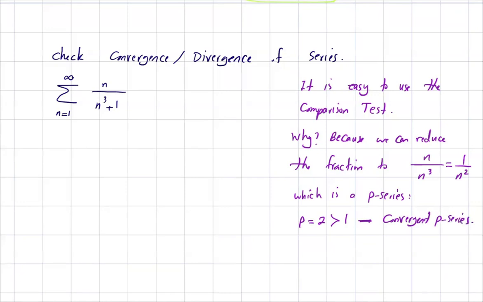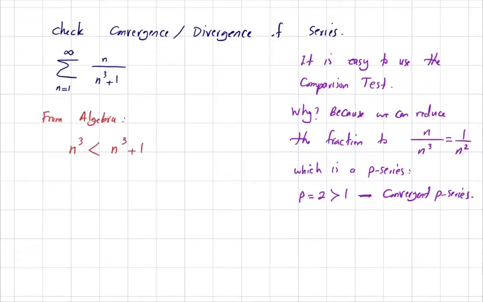Also remember that from algebra, since n values are all positive values, n cubed is less than n cubed plus 1. So if you flip this, you get 1 divided by n cubed plus 1 less than 1 over n cubed.